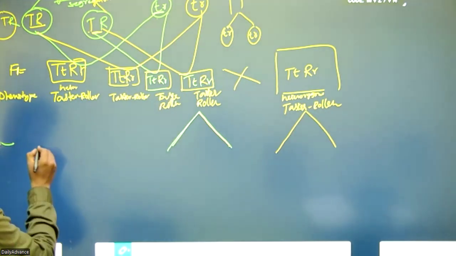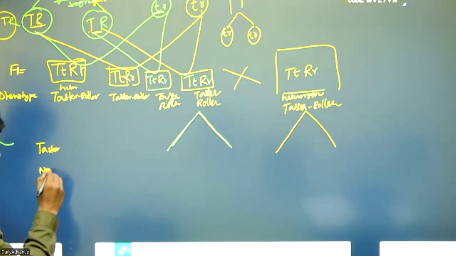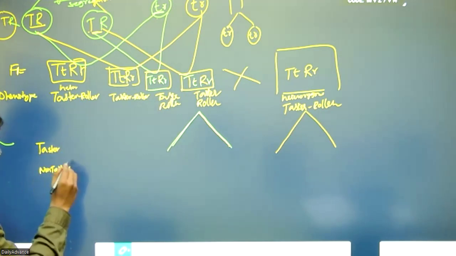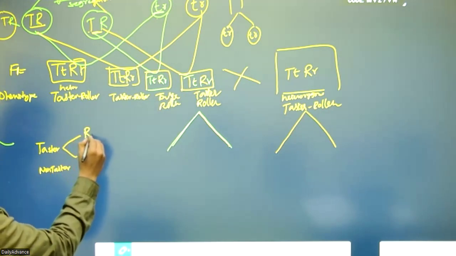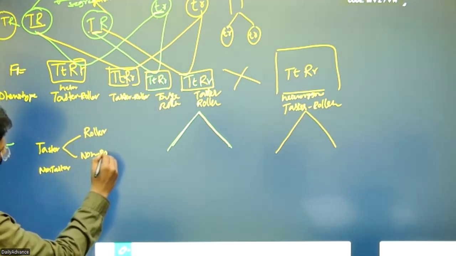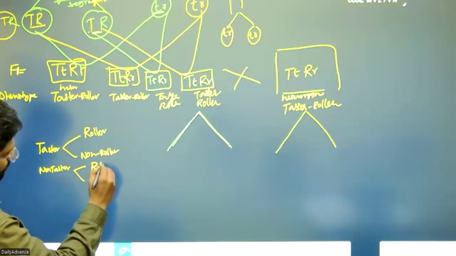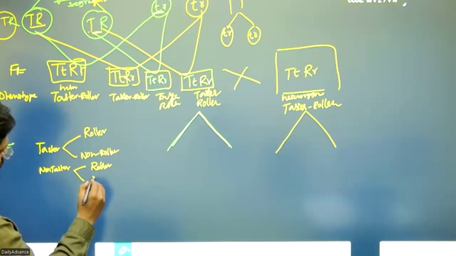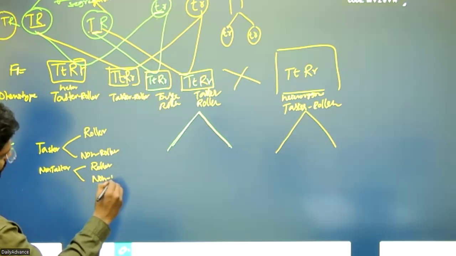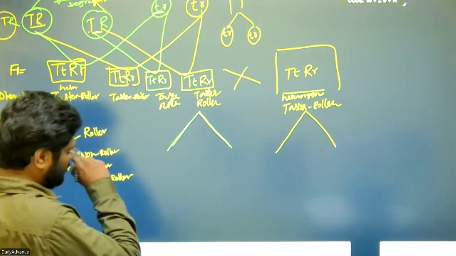See, taster, non-taster. Taster roller combination, taster non-roller, non-taster roller, non-taster non-roller. So how many gametes are possible here? Not two, four gametes. I will explain.